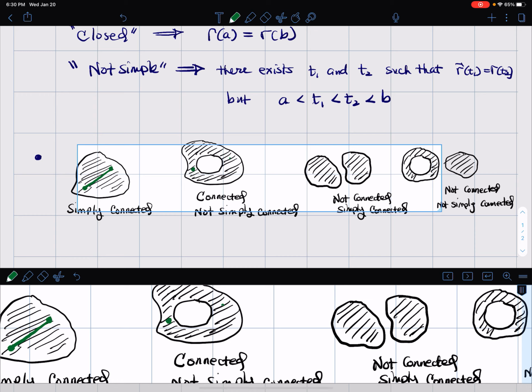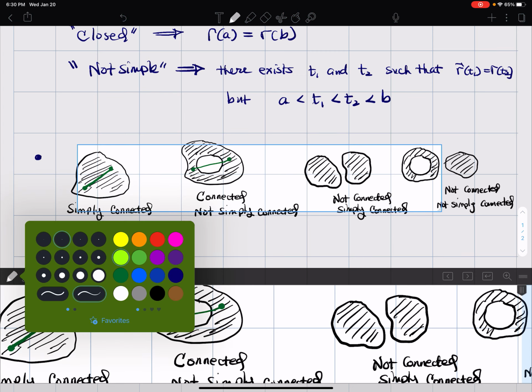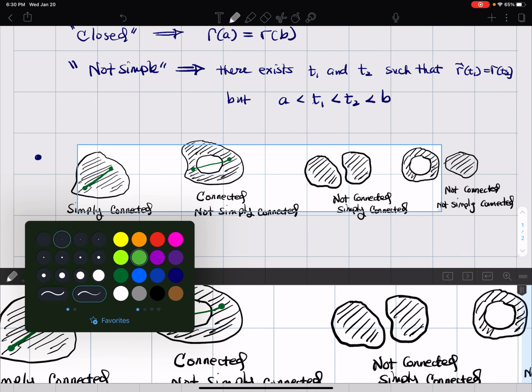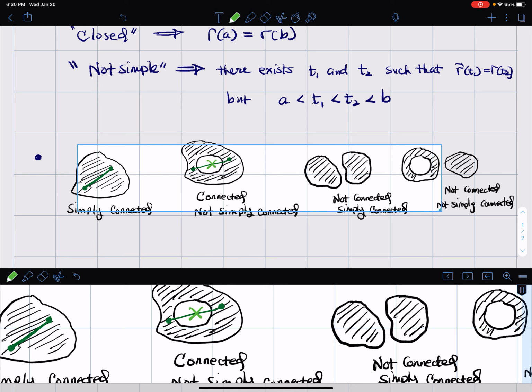Connected, but not simply connected, is when you cannot draw a straight line, but you can always find a path that goes between the two curves. If you're at a point P and there's another point Q, there's always a way to get from P to Q.